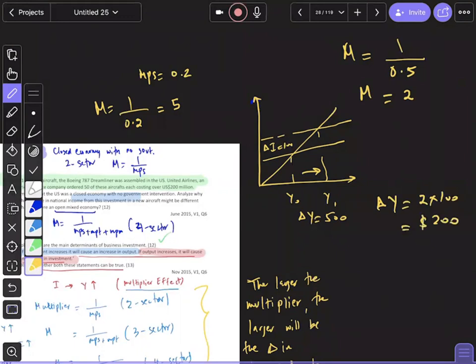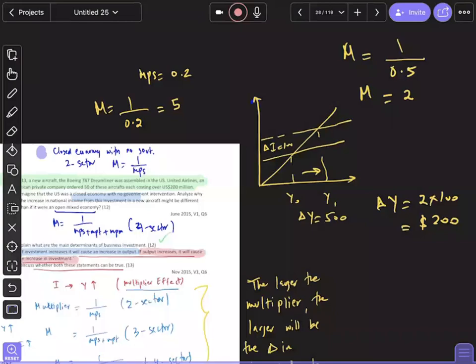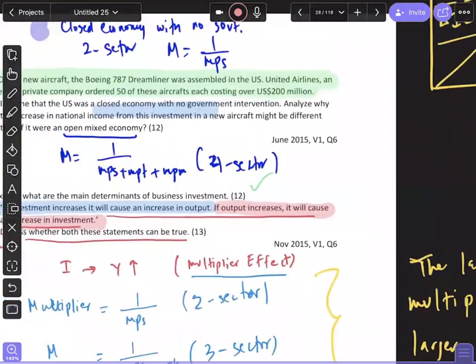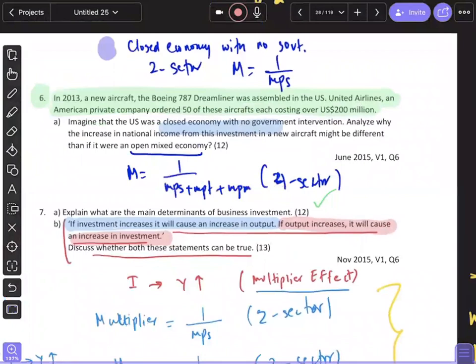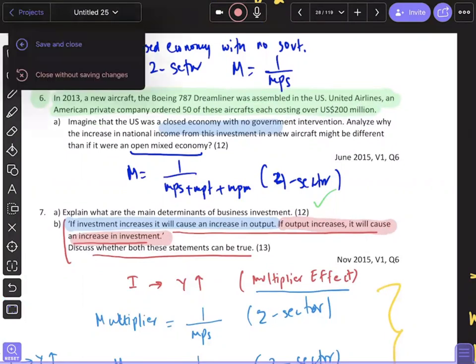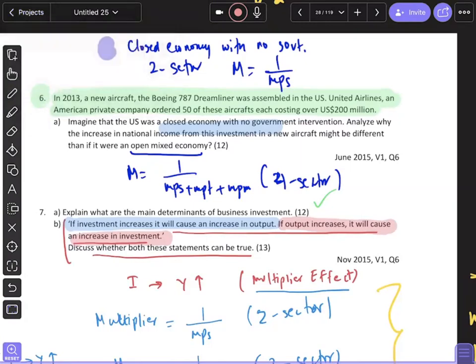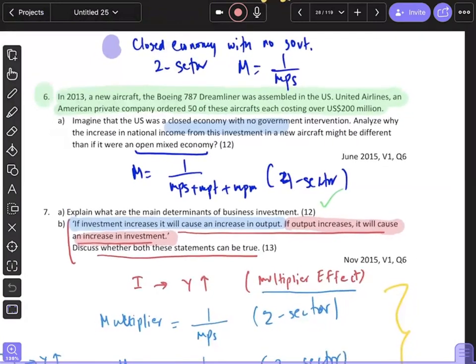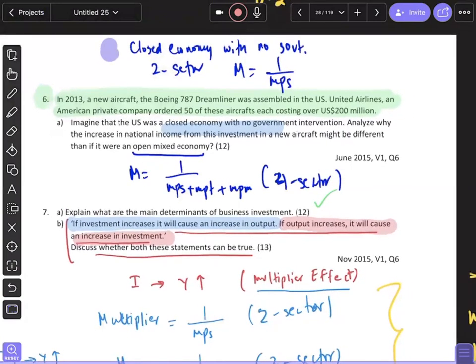What I'm trying to say here is that as the economy has more sectors come in, for example from 2 sector to 4 sector, your withdrawals increase. And when withdrawals increase, your multiplier goes smaller, and therefore the same level of investment may result in a lower increase in GDP because of higher withdrawals.